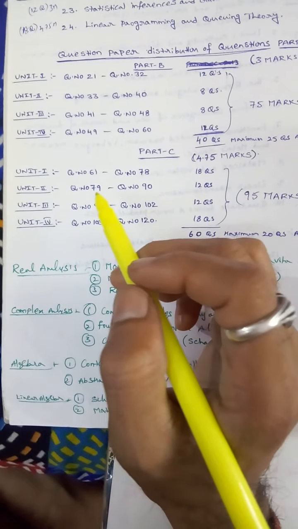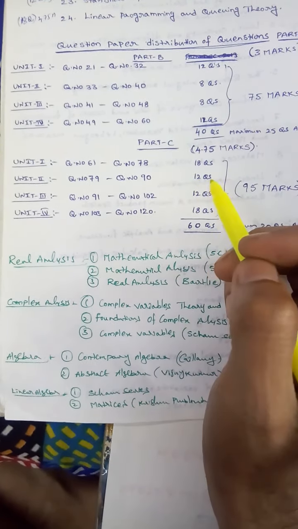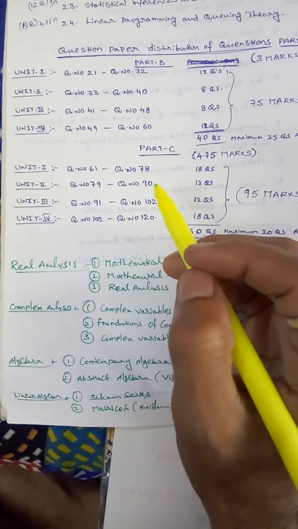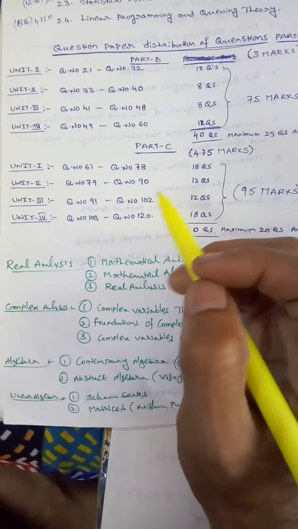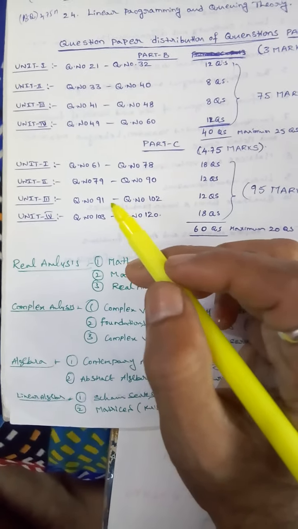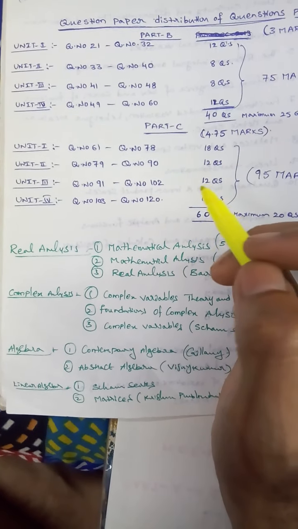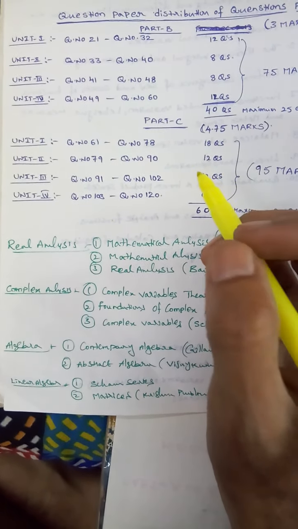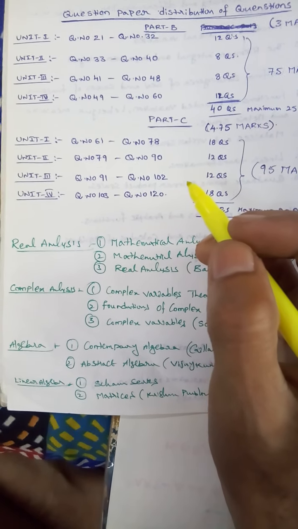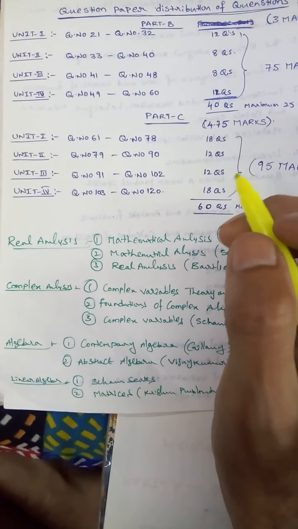And Unit 2 is question number 79 to question number 90, a total of 12 questions, from complex analysis, ring theory, group theory and topology. And coming to Unit 3, question number 91 to question number 102, here also we get 12 questions, from differential equations, numerical analysis, calculus of variations, linear integral equations and classical mechanics.